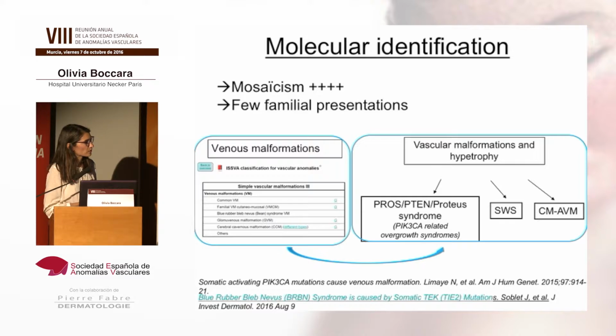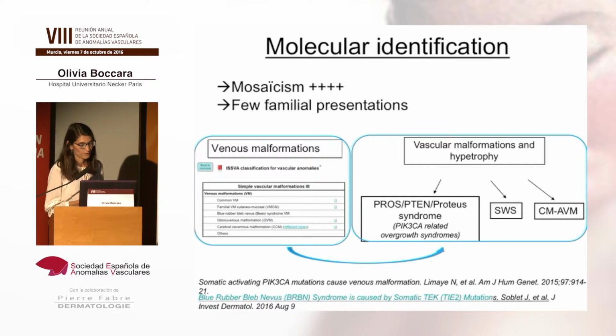It started actually with the venous malformation and the few familial presentations that allowed to identify causative genes, mainly TIE2. Those familial presentations allowed secondly to find out that this gene was also responsible for the sporadic forms.